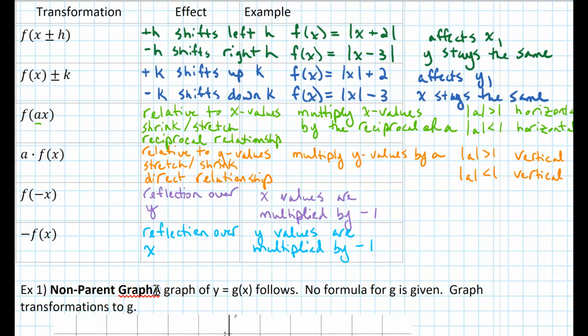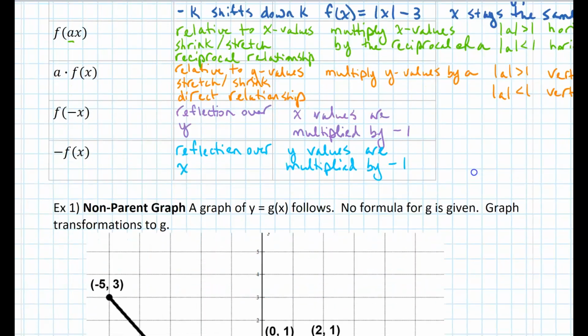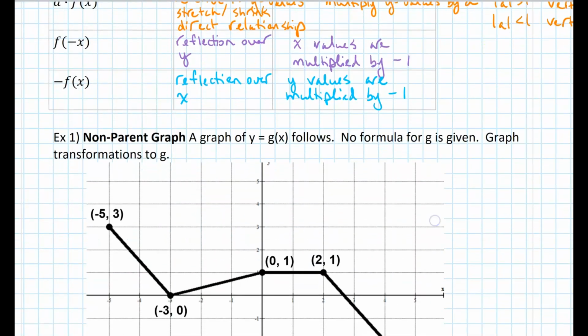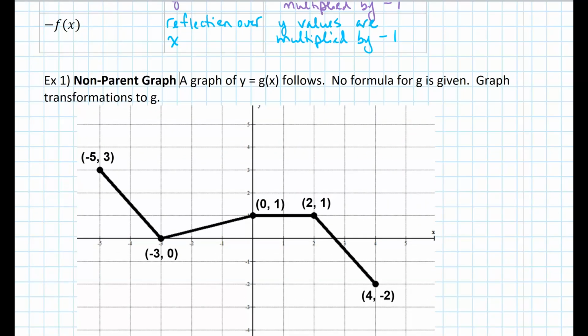Okay, so we're going to practice some now, and this is the paper that I passed out to you. This is the parent function that we are going to transform, and actually it's not really a parent. What kind of function would we call this?